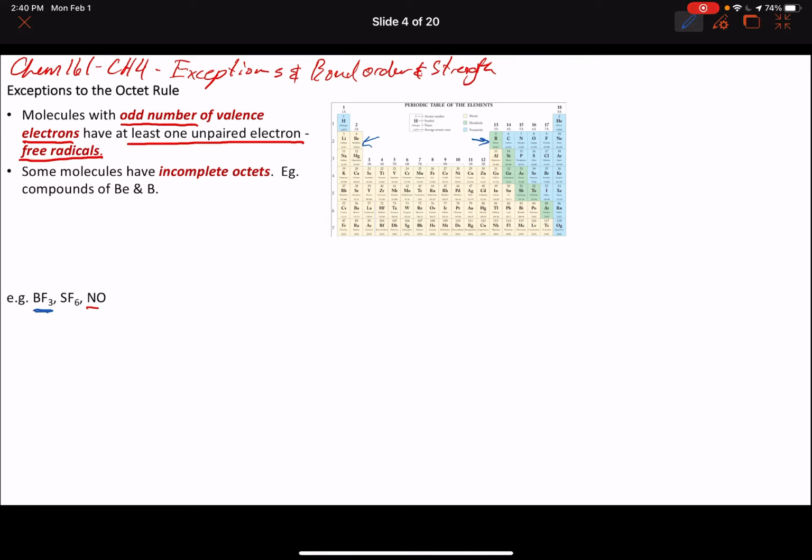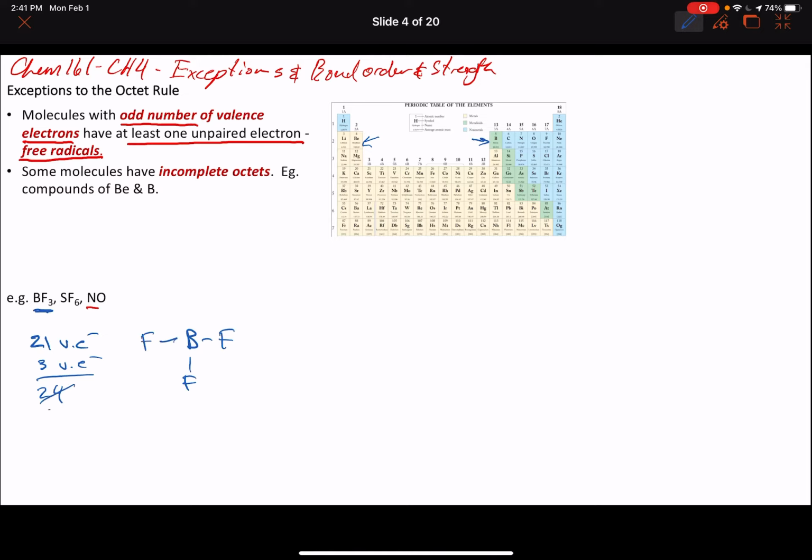So with 3 fluorines times 7 valence electrons, we've got 21 valence electrons from the fluorine contribution, and boron gives us 3 for a total of 24 to work with. Boron is the least electronegative of the set, so we'll put that in the middle, decorate that with 3 fluorine atoms.